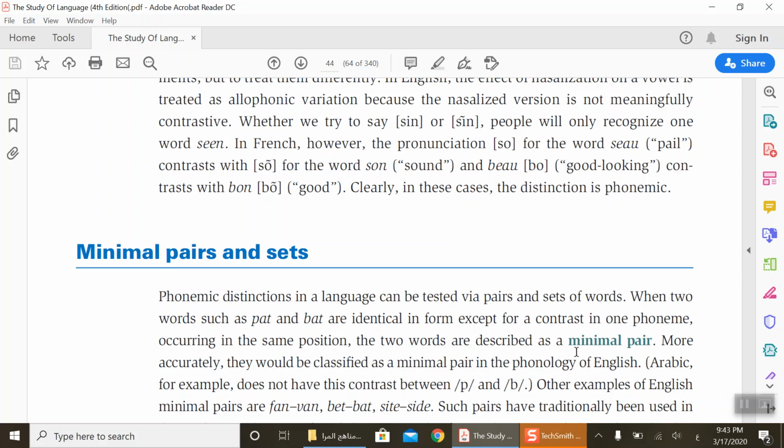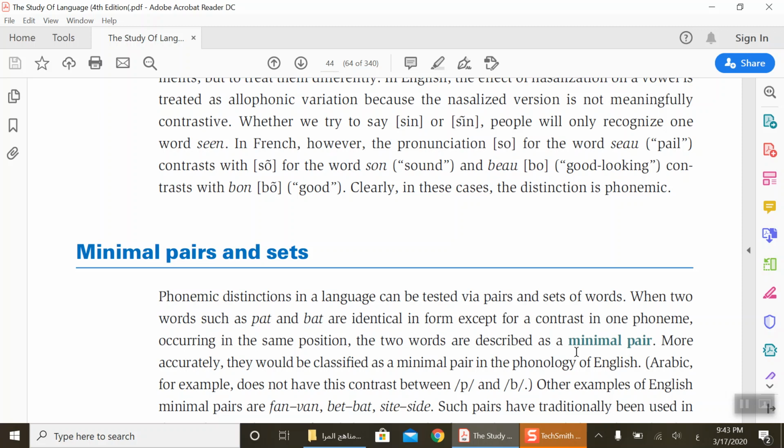So this is the definition of minimal pairs. I will put it in other words. When we have two words that are similar, identical, but only one sound, usually in the same position, is different.